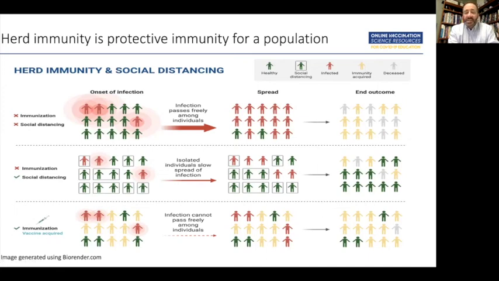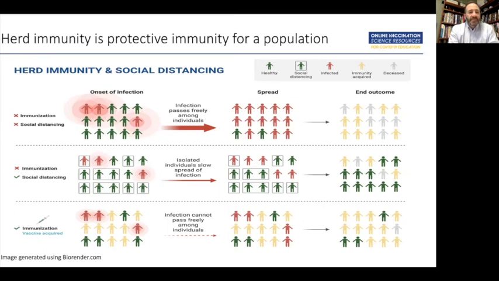And those who are deceased as a result of the disease, people who died from it, are shown in gray. So in the absence of immunization and social distancing, with uncontrolled spread of disease, a few infected individuals will infect others, and the infection passes freely among individuals, some of whom will recover on their own, some of whom will succumb to disease. So that at the end of the process, everyone has been infected, some have recovered, and some have died.